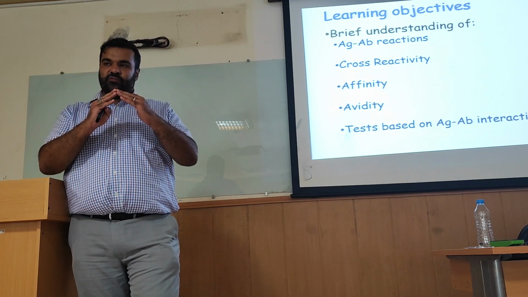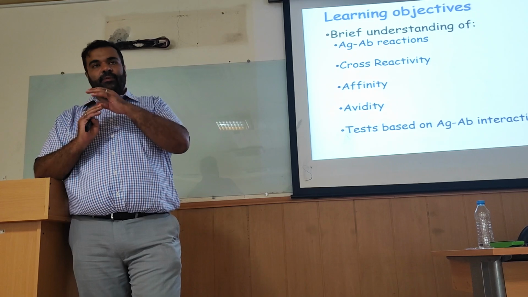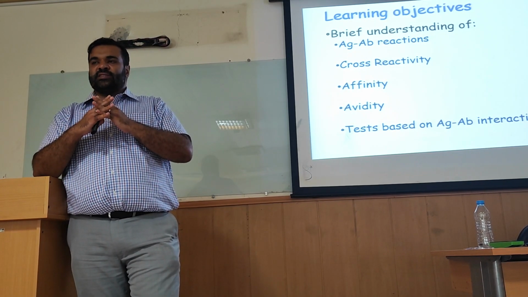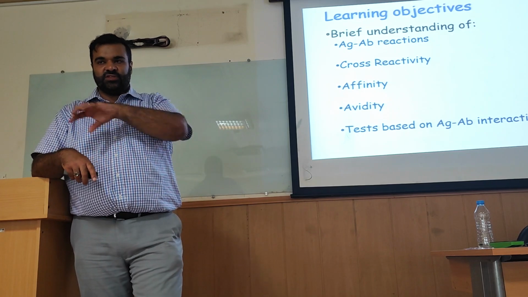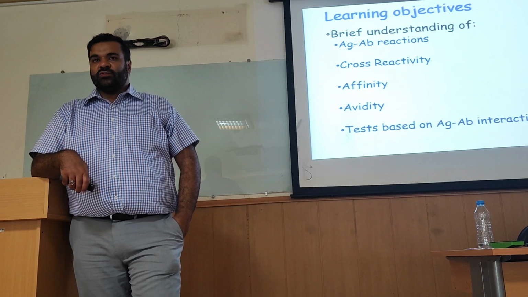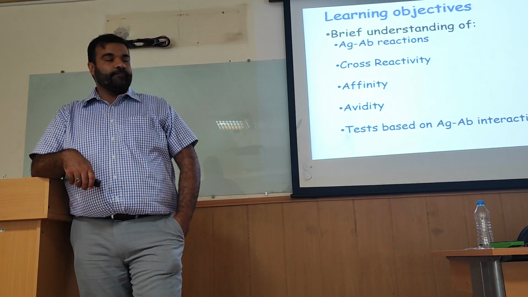If they form a curve, it means they recognize both. If it forms a spur like this, it recognizes one, partial identity. If it creates an intersection like this, no identity, so the antibody is not shared between the two. And these are the majority of the tests for antigen-antibody interactions.